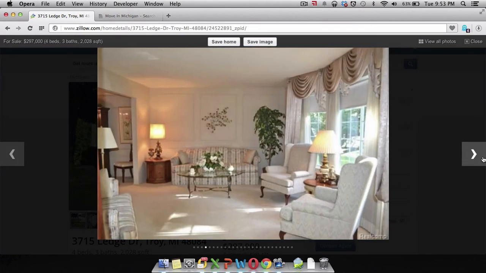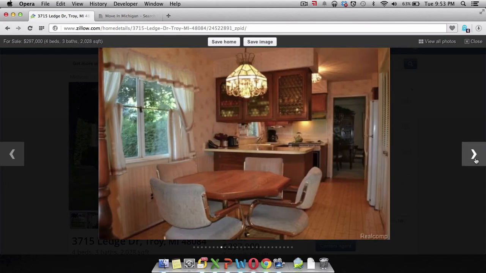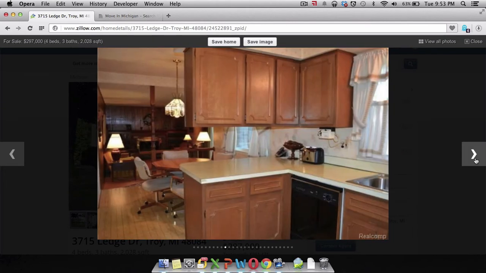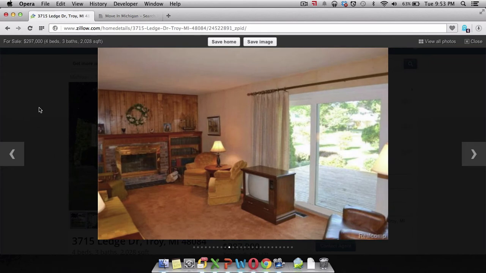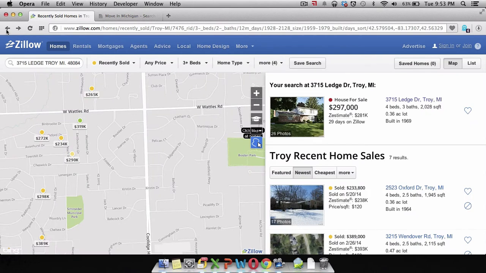It's still a nice looking house, but it's not that updated feel. You still have some of the Formica countertops and those types of things. Still a nice house, and probably could be worth closer to that 319 price point, but because of the updates, we might get a little bit of a higher price point.